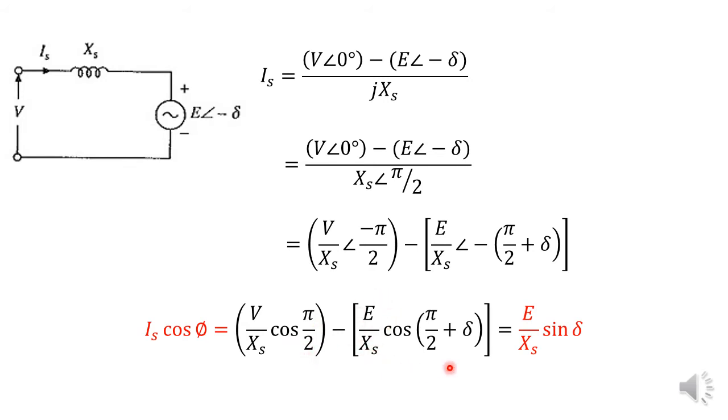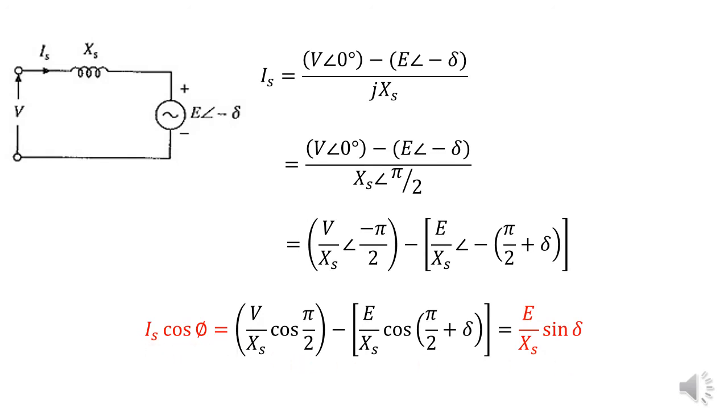So only this component will be there. Here cos of pi by 2 plus delta becomes minus of sin delta. So minus of minus sin delta will give you plus sin delta. That is equal to E by Xs sin delta. This is the final expression for Is cos phi.